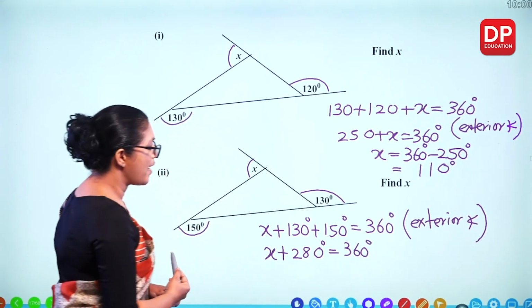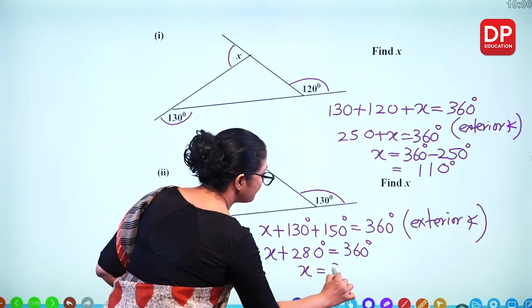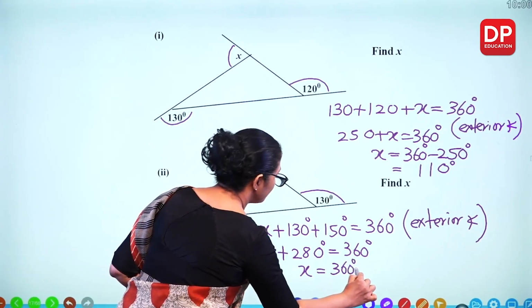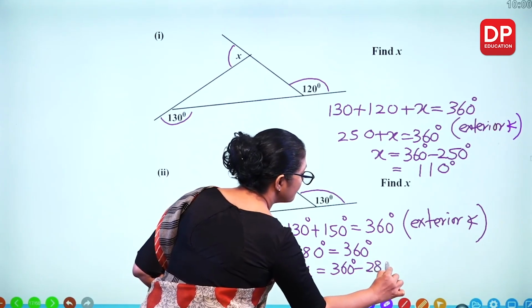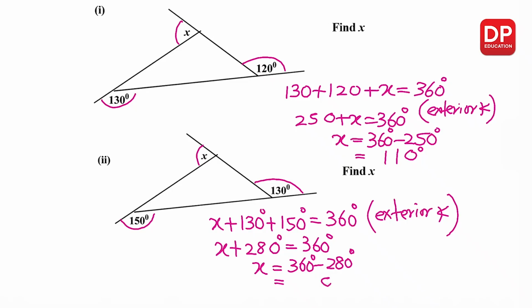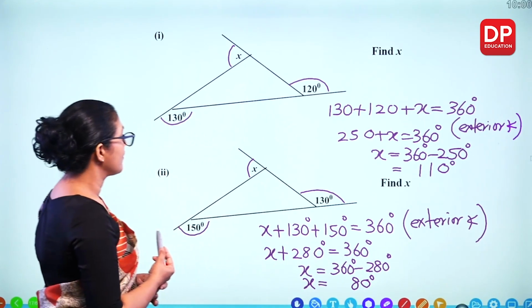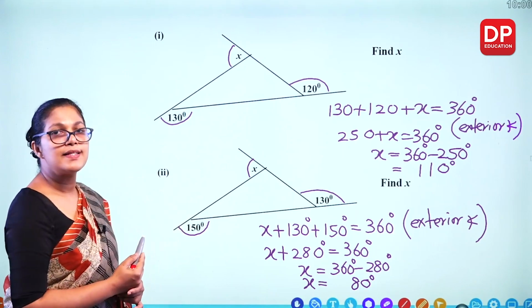So when you subtract 280, what do you get? x. 360 minus 280, so 80 degrees. So x is 80 degrees. So this angle is 80 degrees.